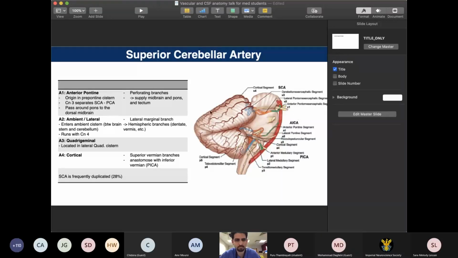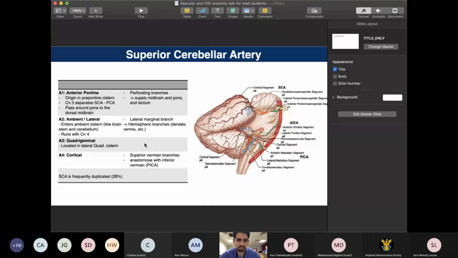And you can see that with the superior cerebellar artery, because this is a sort of cistern city around the midbrain. So you've got the anterior pontine, the ambient section, which travels in the ambient cistern, again runs with cranial nerve 4 right next to the free edge of the tent.